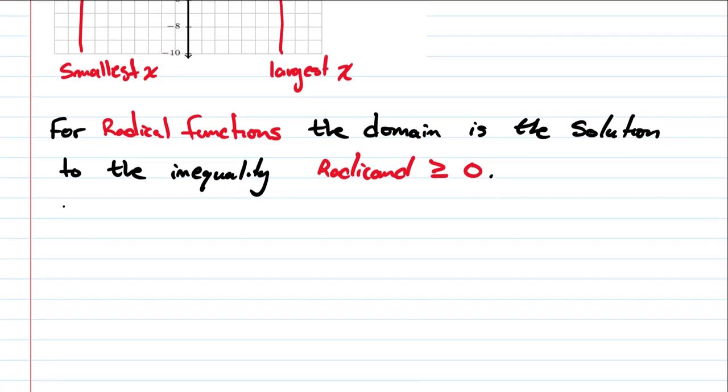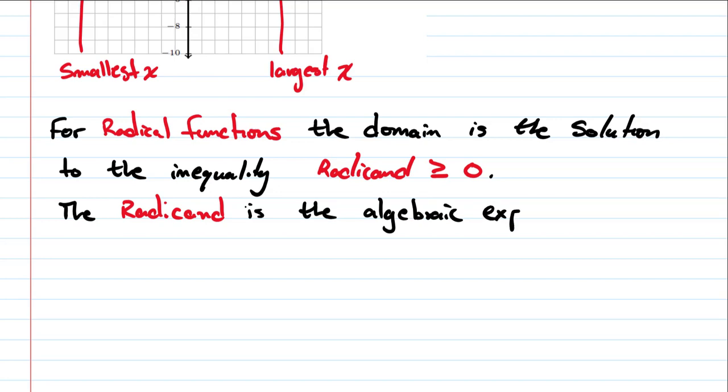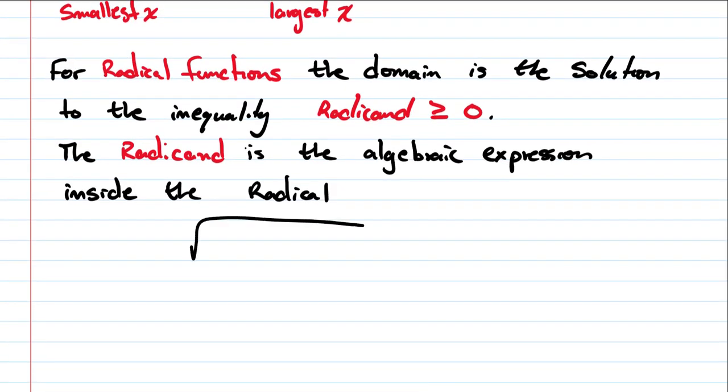And the radicand is the algebraic expression inside the radical. So what we mean by that is the stuff in here is what is referred to as the radicand.